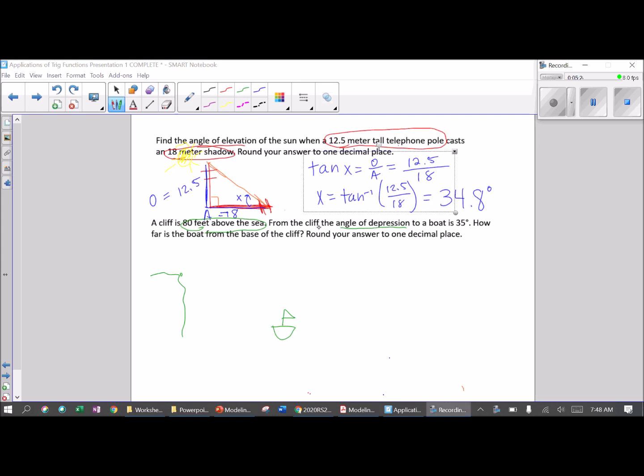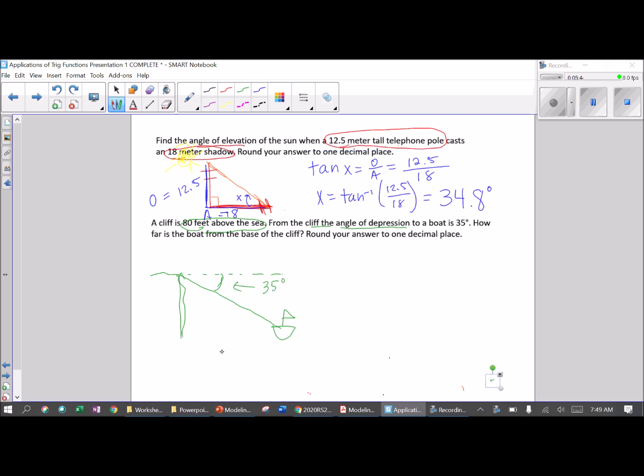So here's the cliff. Angle of depression means we're going down, looking at the boat. So this is our angle of depression, which is going to be 35 degrees.